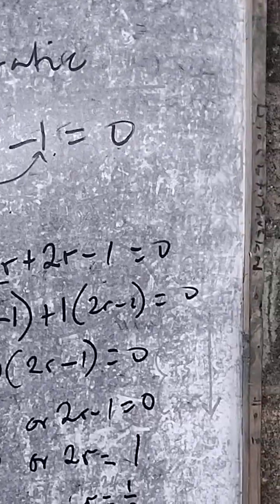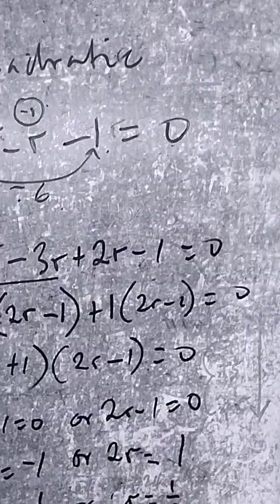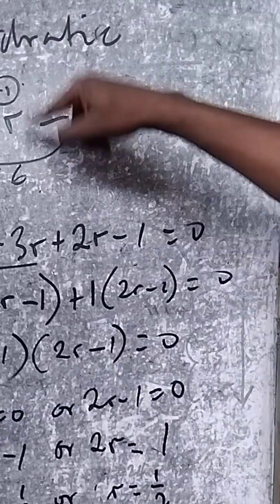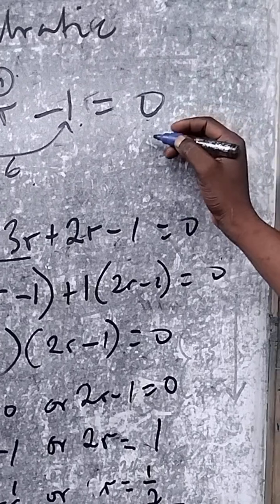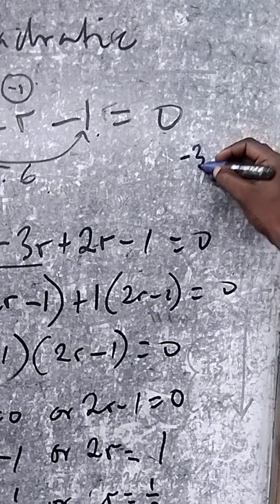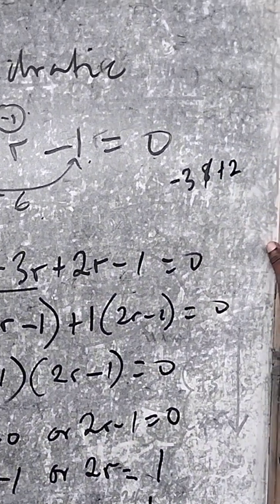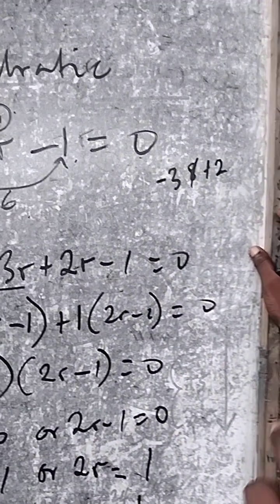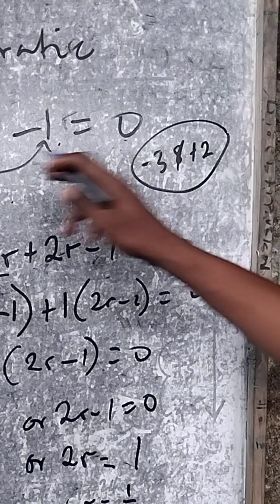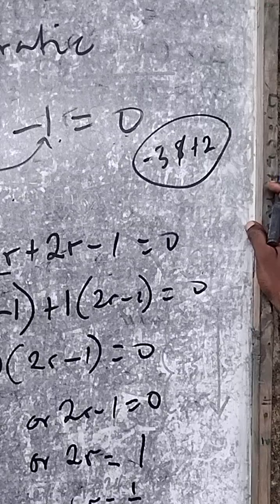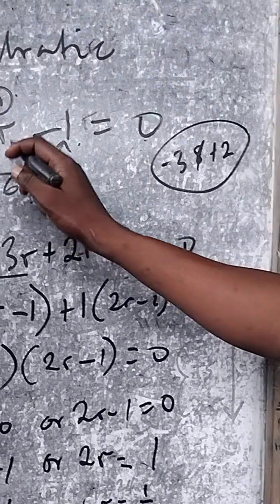So we look for two numbers that when you multiply them together, you get minus 6, and when you sum them together, you get minus 1. Those two numbers are minus 3 and plus 2. Though there are other factors, this is the only one that can go with what we need, minus 6 and minus 1. So you use it to replace this minus R.